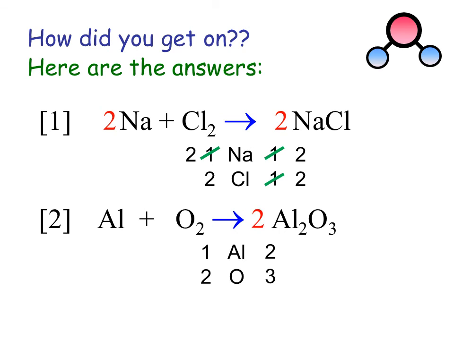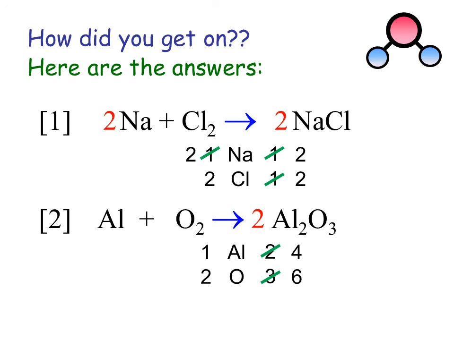So I'm going to put a 2 in front of this one. Okay, I'm going to adjust my totals. So now I have 2 times 2, that's 4 aluminum. And 2 times 3, that is 6 oxygen. Well, you might be thinking, I really haven't fixed anything at this point. And you would be correct to a point, okay?